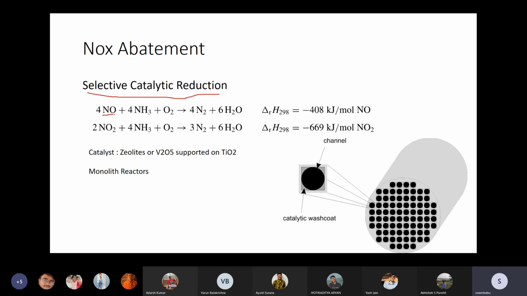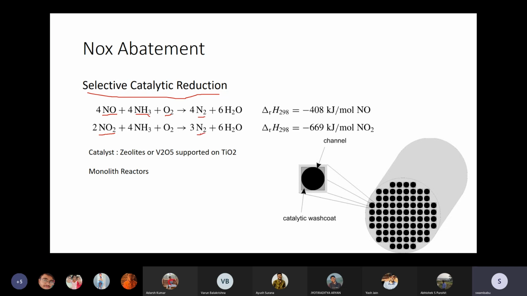Whether it is NO or NO2, whatever form of NOx, nitric oxide or nitrogen dioxide, it reacts with ammonia and oxygen and produces N2, nitrogen.